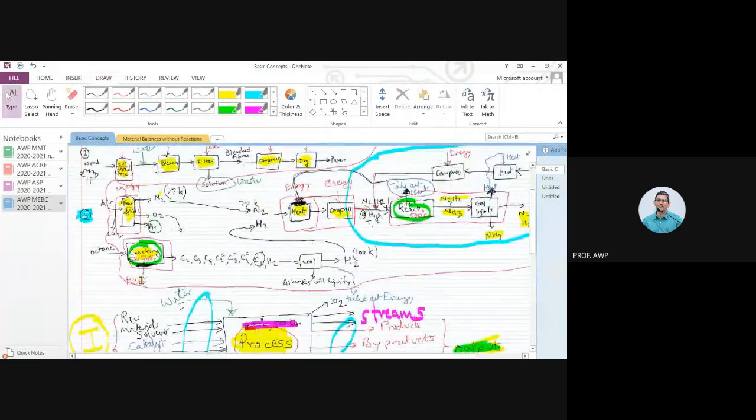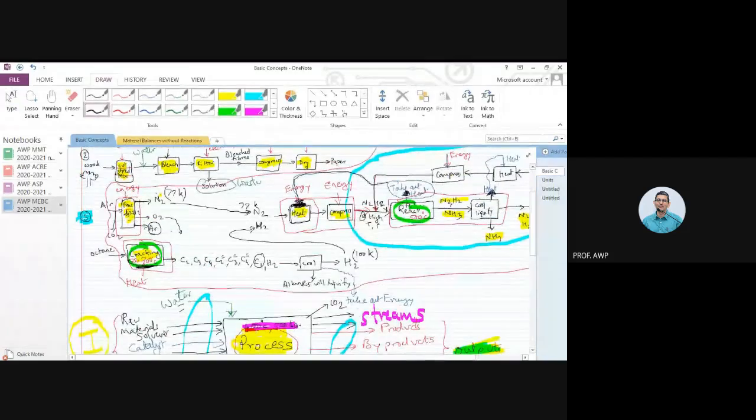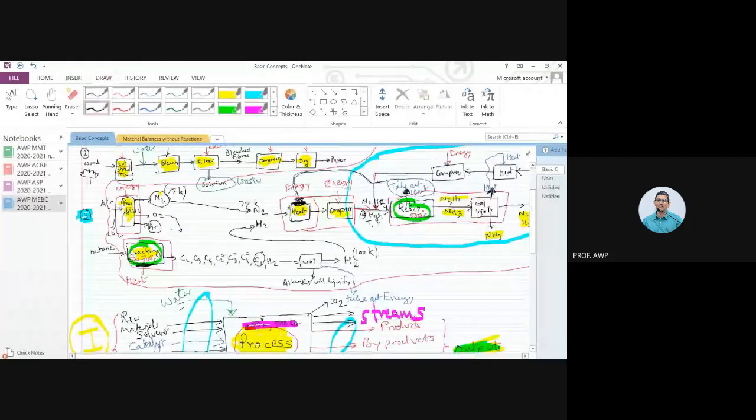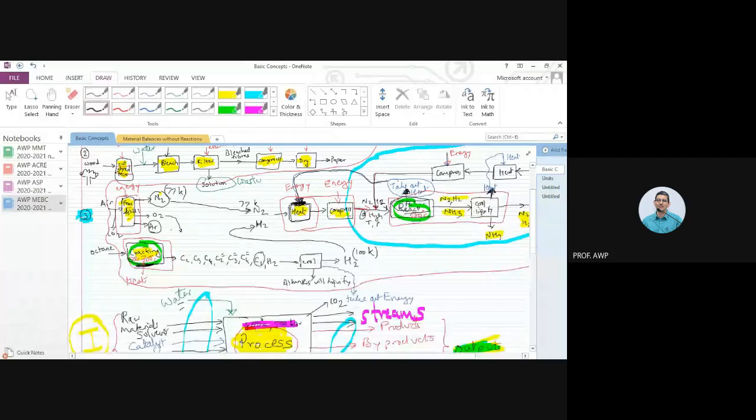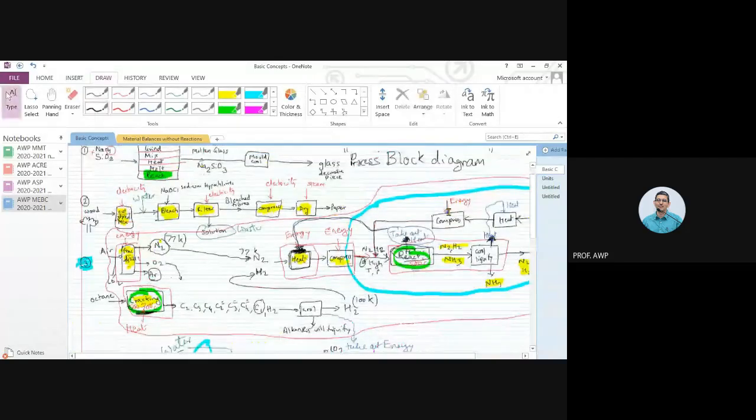Don't you think I require to transfer this nitrogen from the place where we are doing fractional distillation to this heating? Don't you think I require transferring gas from the reactor in a Haber process to this cooling?